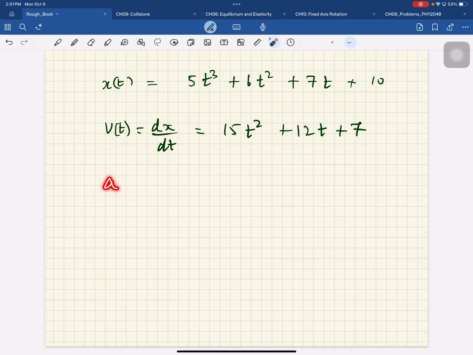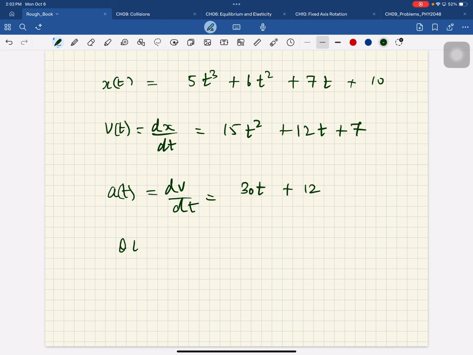Okay. You could calculate the acceleration of the object. And so on. That's what you were interested in.